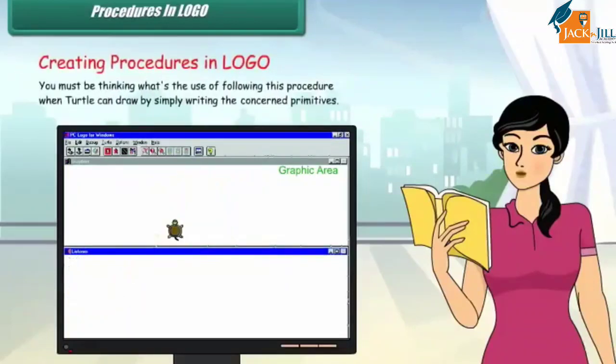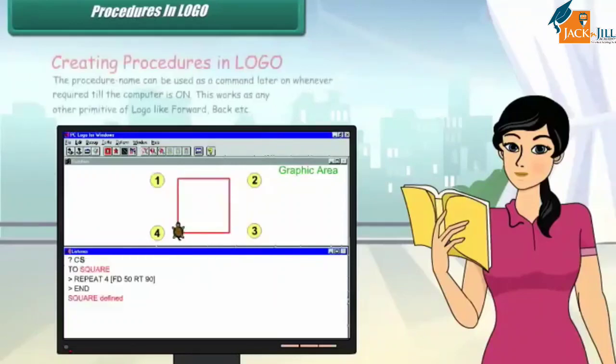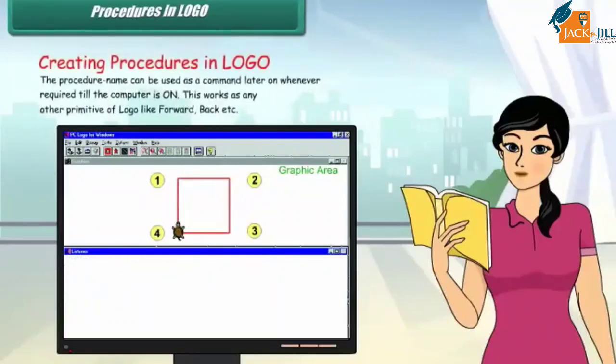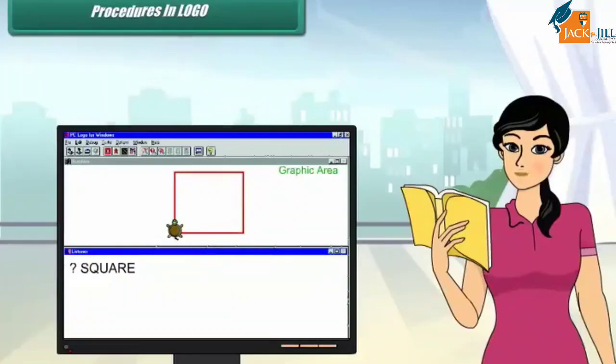You must be thinking, what is the use of following this procedure when the turtle can draw by simply writing the concerned primitive? The procedure name can be used as a command later on whenever required till the computer is on. This works as any other primitive of Logo like forward, back, etc.